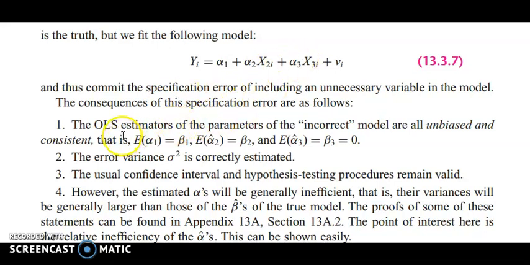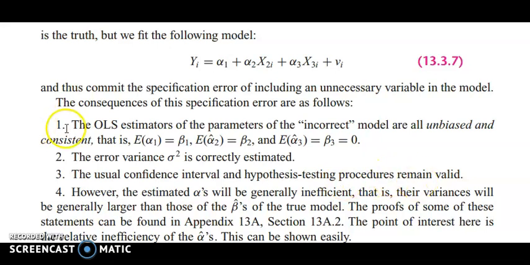The first one: all estimators of the parameters of the incorrect model, alpha 1 hat and alpha 2 hat, are unbiased and consistent. The error variance sigma squared is correctly estimated, and the usual confidence interval and hypothesis testing procedures remain valid.